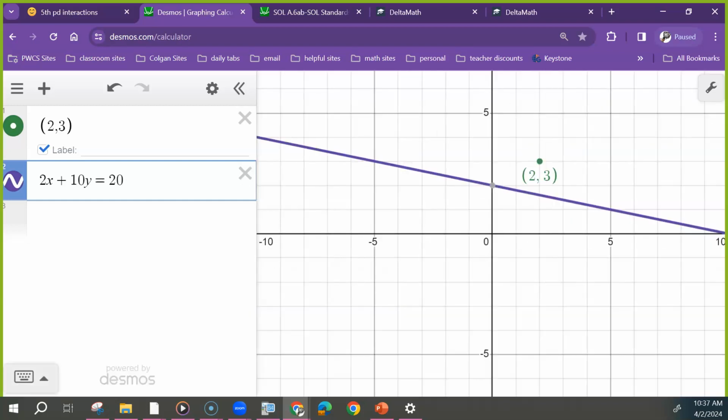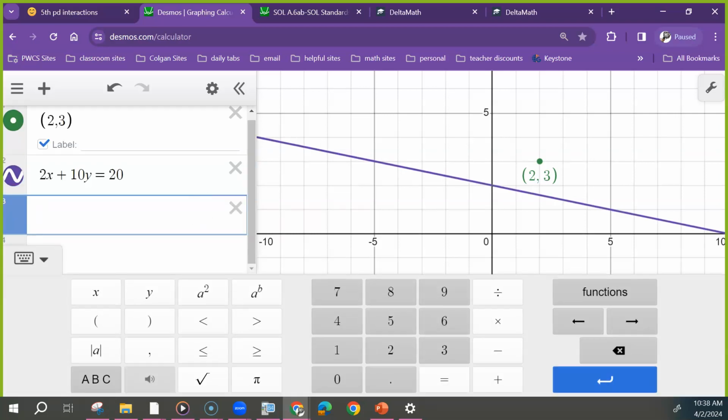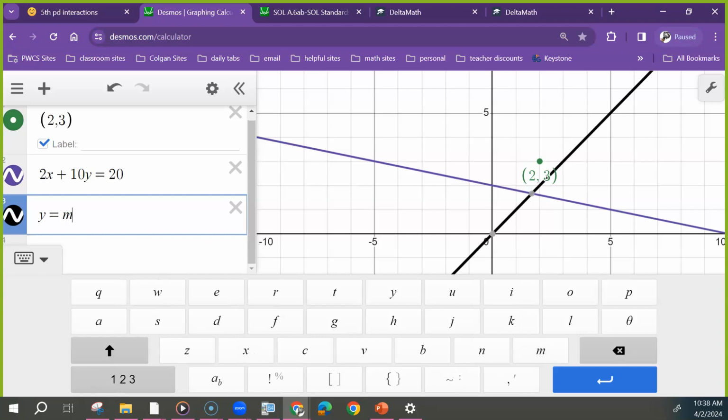And then count the slope of this. So it looks like we're going down 1 to the right 5. And if I need something that's perpendicular, I'm going to type in y equals mx plus b.